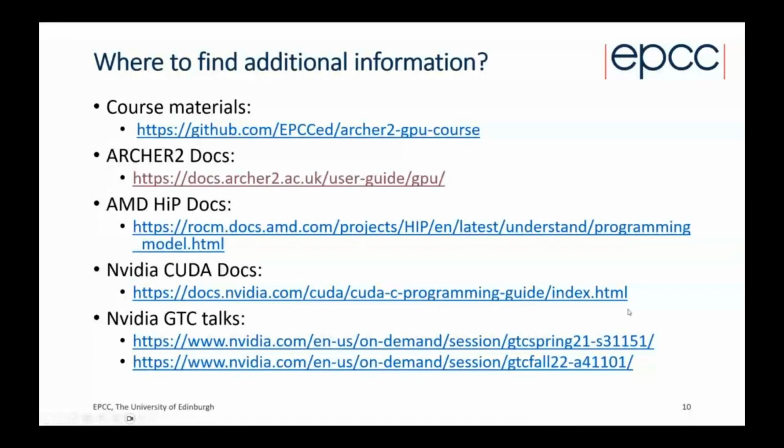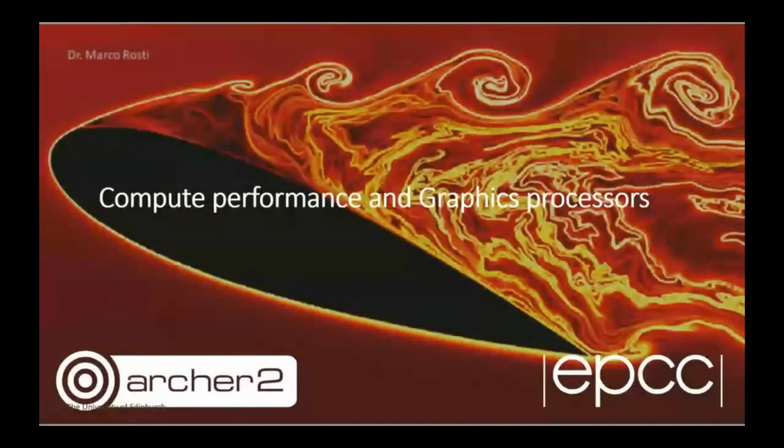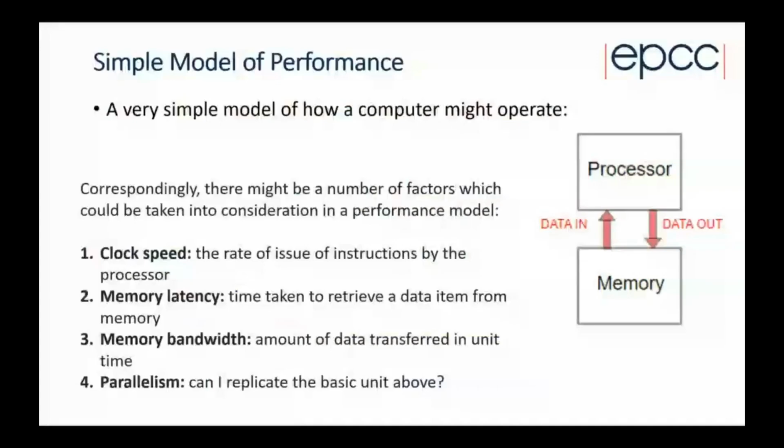Okay. First of all, we're going to spend a little bit of time motivating the discussion for today and why we care about graphics processors and why they might offer us an advantage. A very simple model of a computer is this diagram on the right.